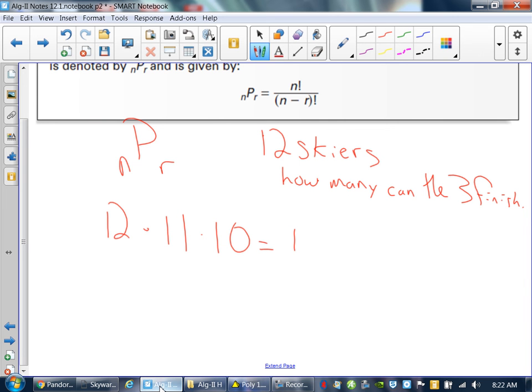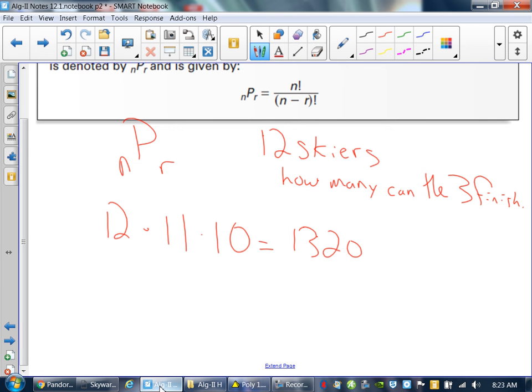So basically there are 1,320 different ways that the top 3 finishers can be picked. What that is, is you're picking 3 out of the 12 where the order matters, and that's what's called a permutation.